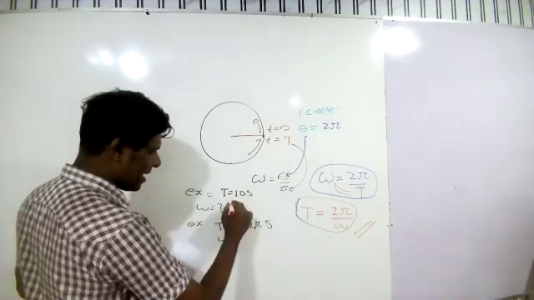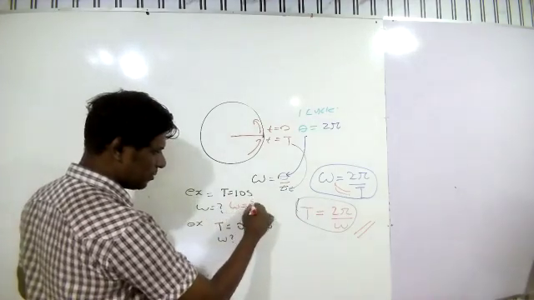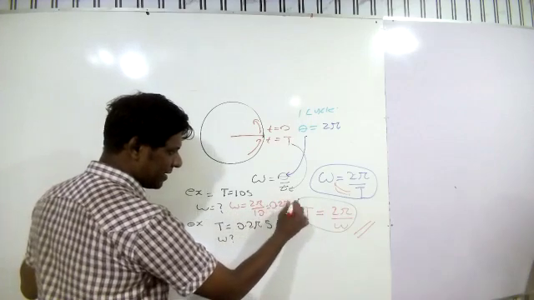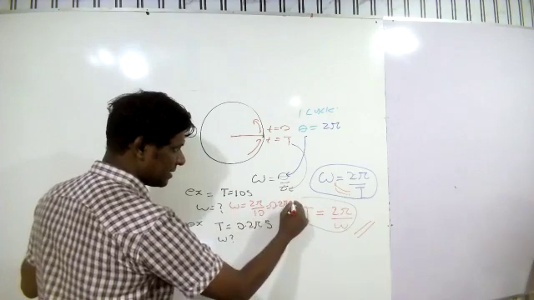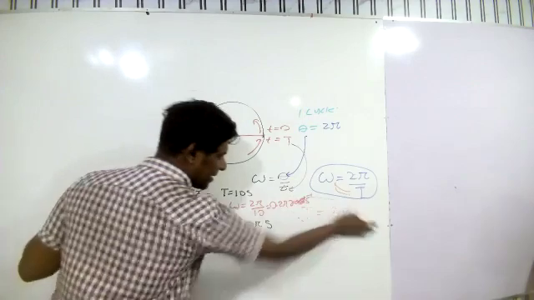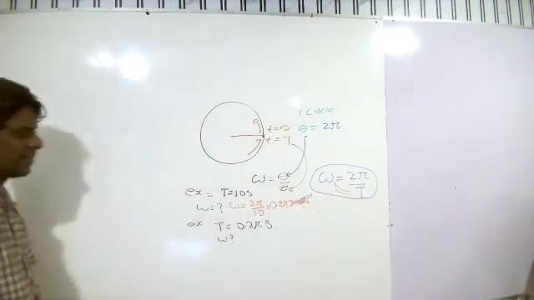For this one, omega equals 2 pi over 10, in rad s minus 1.